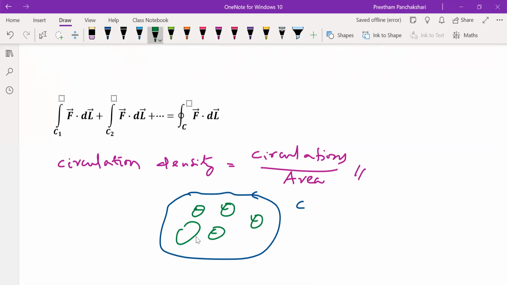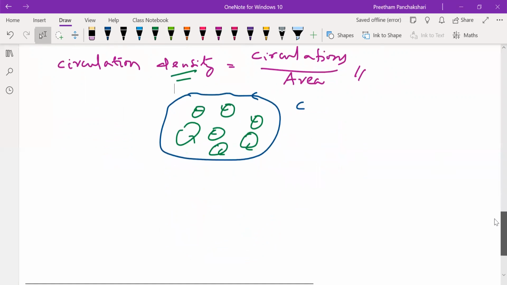Some may be acting in the clockwise direction and some in the counterclockwise direction, like this. So the number of circulations enclosed by this path divided by area will give the concept of circulation density. So finally, circulation density is the circulations per unit area.